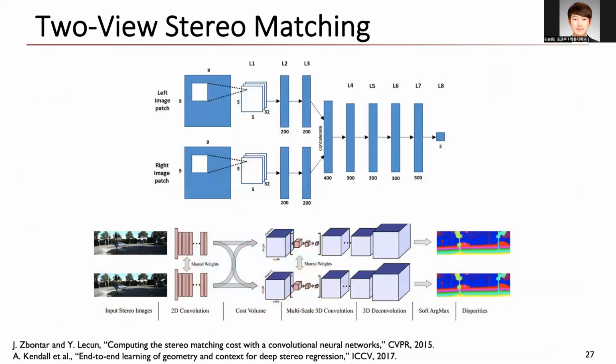Last week we discussed this, and there were many other techniques, such as MC-CNN, and GCNet, which uses 3D convolution on the cost volume. We'll skip this one shortly because we already talked about it.